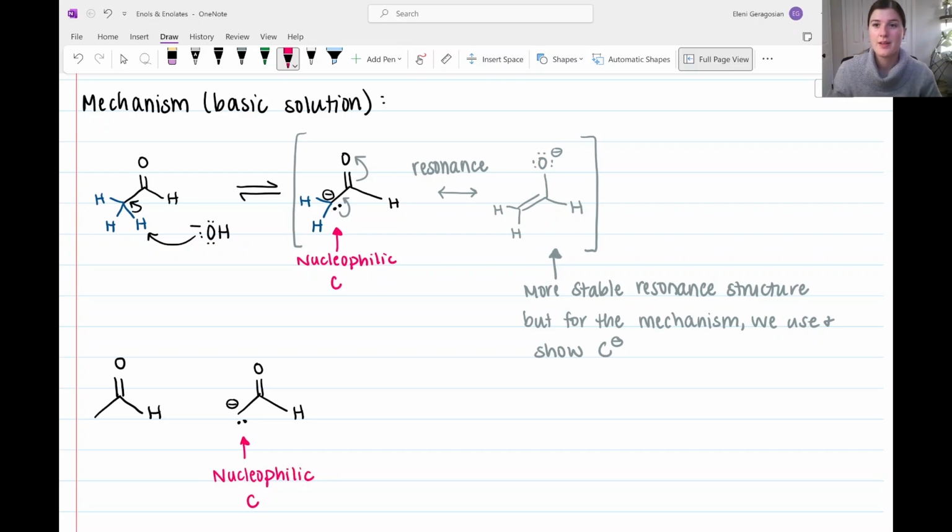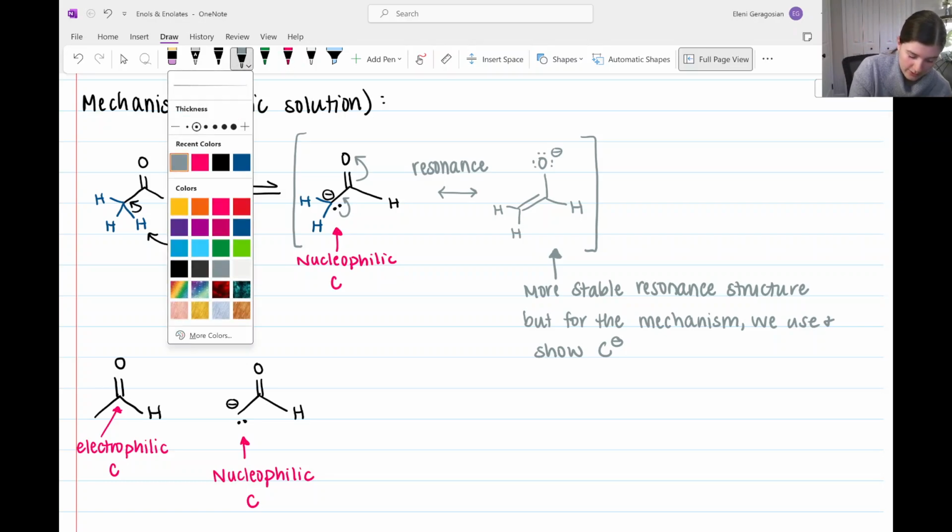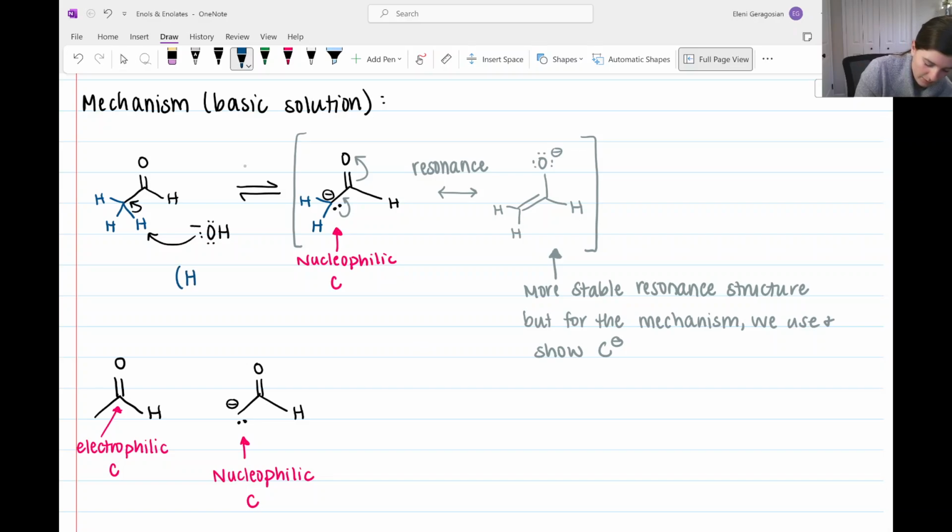And we know from our previous reactions with aldehydes, ketones, carboxylic acids, etc., that the carbonyl carbon is an electrophilic carbon. So after the proton transfer in this first step, we generate the enolate ion, a nucleophilic carbon that is near an electrophilic carbon of another aldehyde that has not gone through that proton transfer reaction.